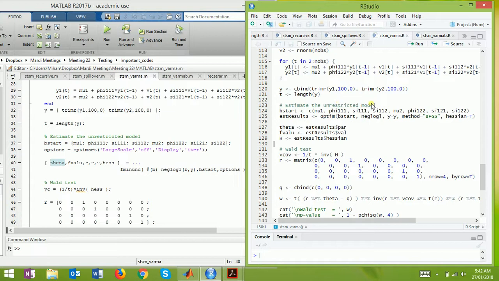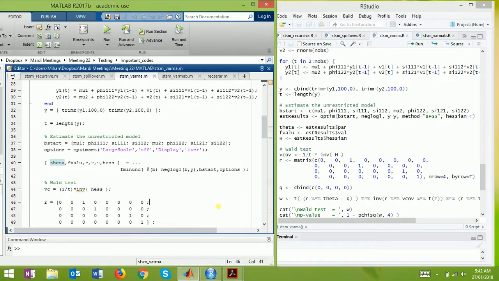The first is par, which is b star, then the function which is neglog l, then yy. Method is BFGS. See, bb is not there because theta we do not have to mention in our options function. In R we need to mention the y's and the x's that we are estimating.